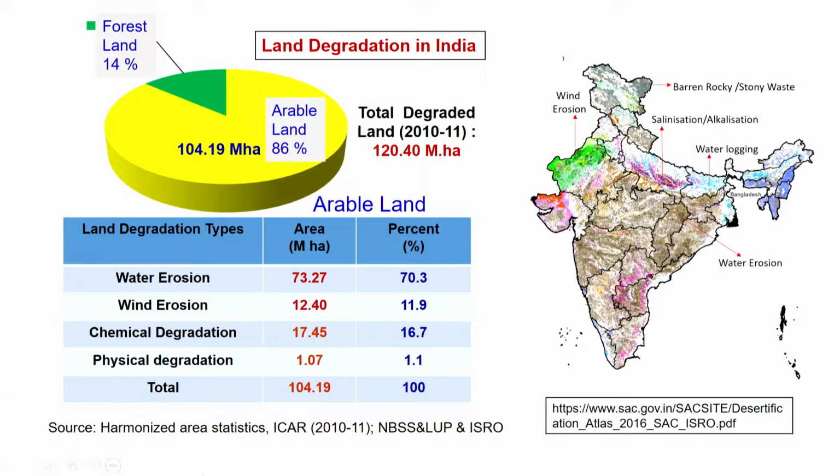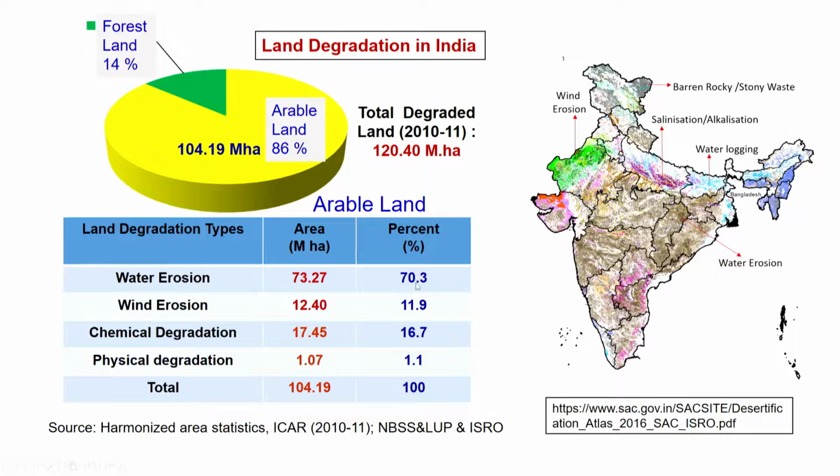In India, ISRO and ICAR, the Indian Council of Agricultural Research, arrived at a harmonized statistic that agricultural arable land is mostly affected by water erosion.